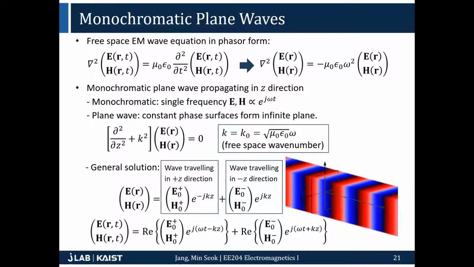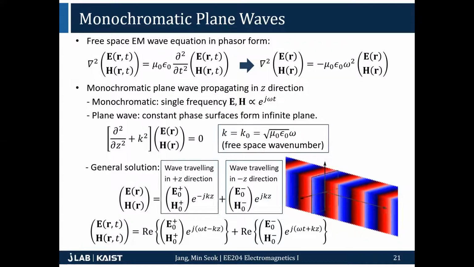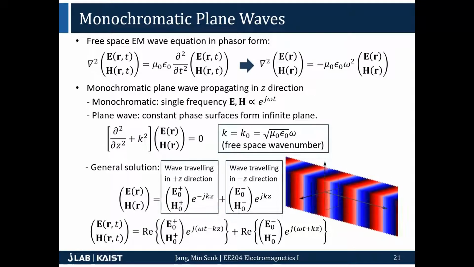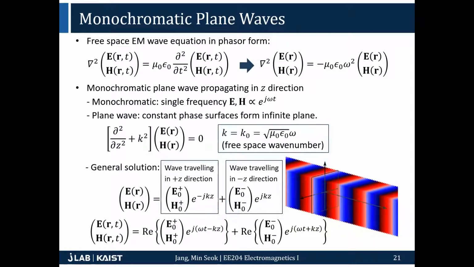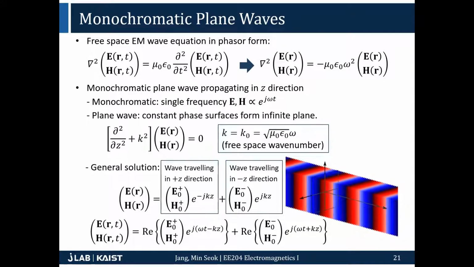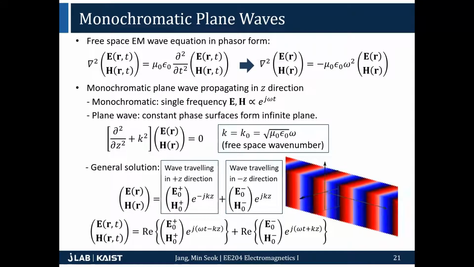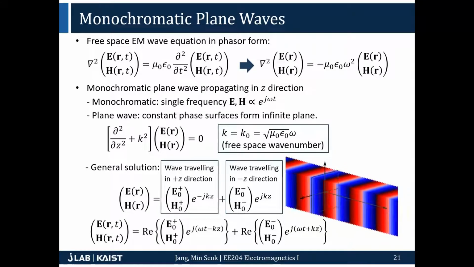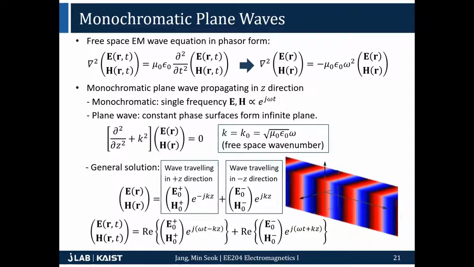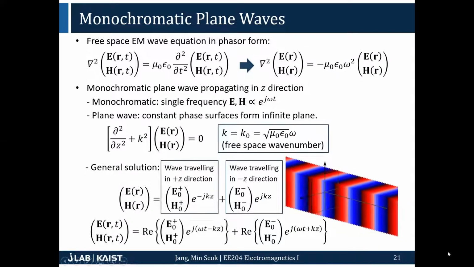In that sense, this is called a plane wave because its constant phase surface forms an infinite plane. In a similar manner, a spherical wave means your constant phase surface has a spherical shape. But here we are only going to focus on plane waves.